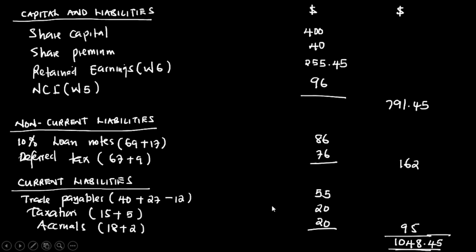So this is the consolidated statement of financial position for this organization. This is to help you to appreciate the basic mechanism on how to consolidate the financial statements. Just maybe a comment on what we've prepared.